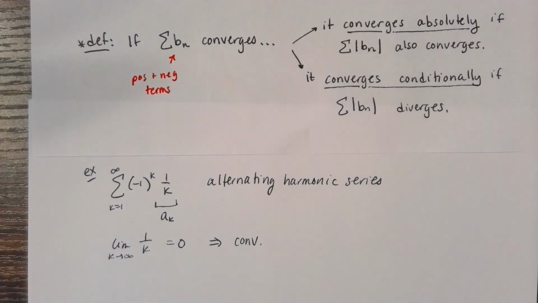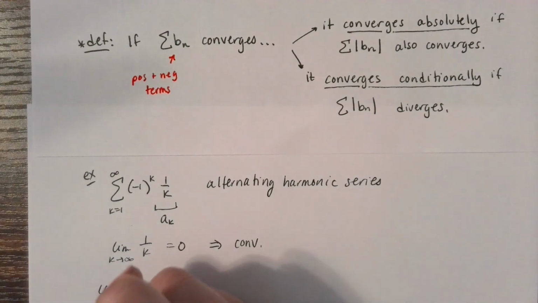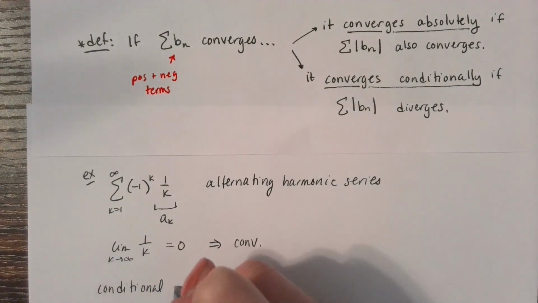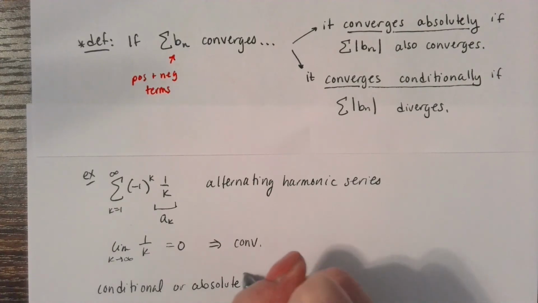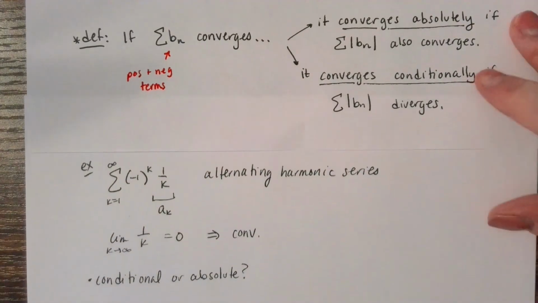Now, let's say we also need to decide whether it converges absolutely or conditionally. So we want to decide, is that convergence conditional or absolute? We have a secondary question to answer now.